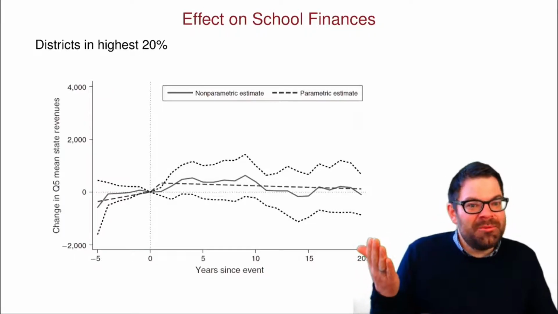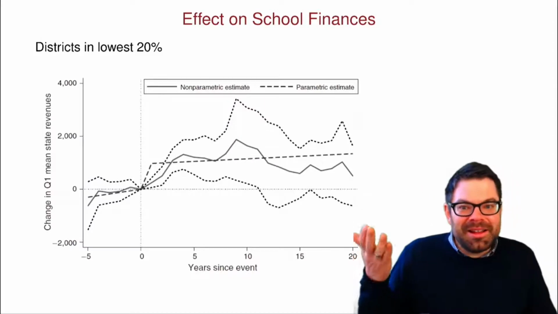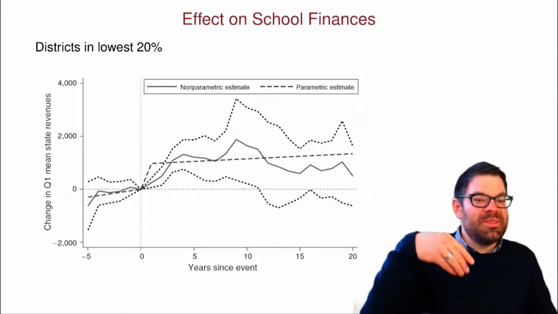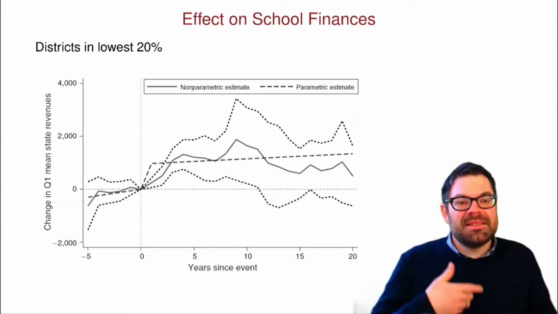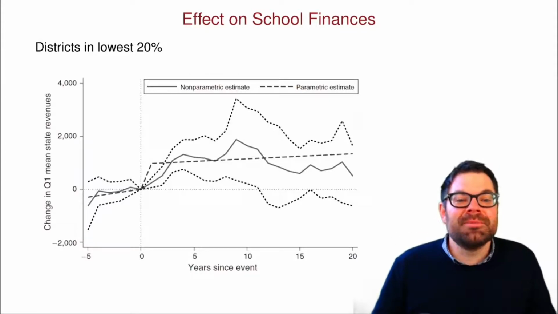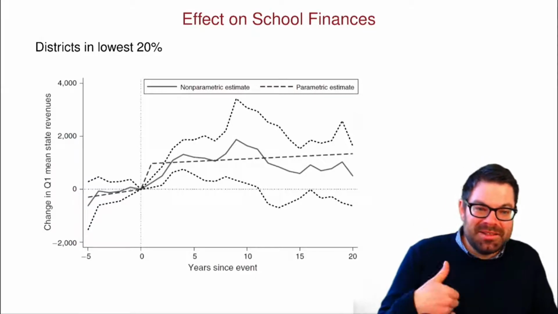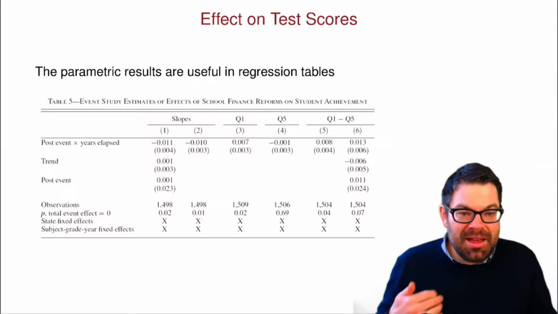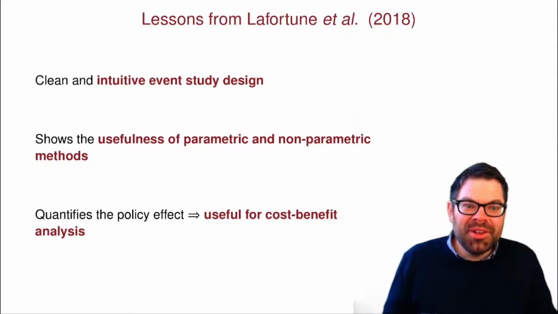They're best shown graphically, and if you see a graph like that, you can say, yeah, okay, that makes sense. There is no significant pre-trends, and then once the reform kicks in, there is this disproportionate increase in states where that reform happened relative to other states. And so yeah, I would recommend that you do both.